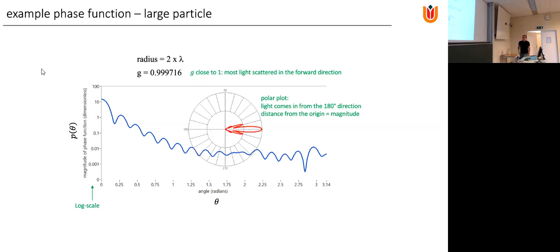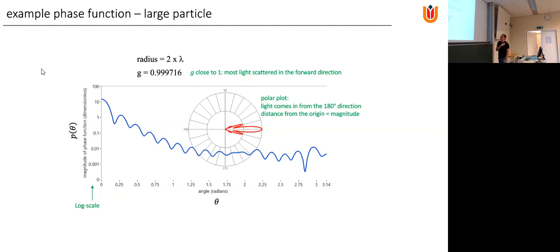So I'll give you a few examples of a phase function. For the moment, never mind how this was calculated. What you see here is the scattering angle on the horizontal axis, and the magnitude of the phase function on a log scale on the vertical axis. And the inset shows a polar plot of how the light is redistributed.